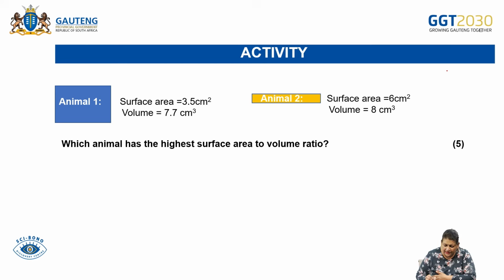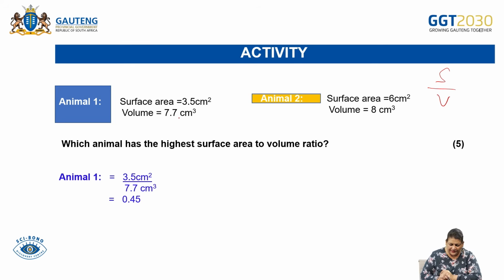Remember this is the formula. We're going to have surface area to volume. So which animal has a higher surface area? Let's see. Animal 1: surface area to volume. You're going to put surface area 3,5 centimeter over volume 7,7.